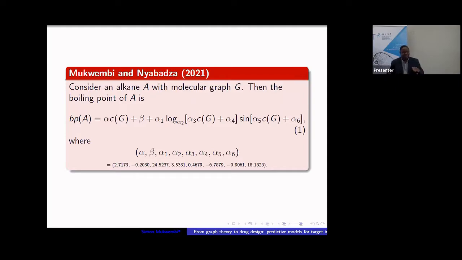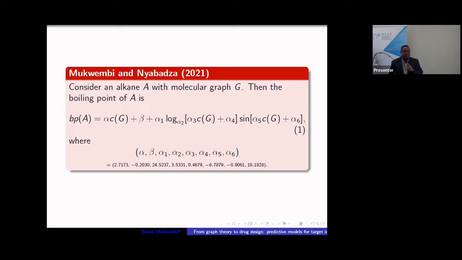We know that a graph is not that of cos. But this time around, we managed actually to merge the two. Through modeling, we realized that whenever you have an alkane, you can actually obtain its boiling point by using formula number 1.